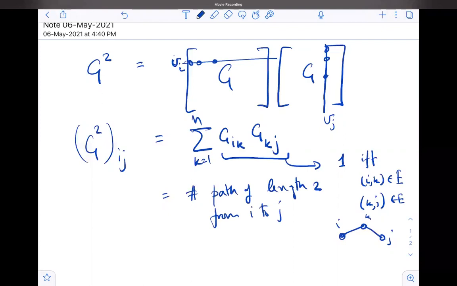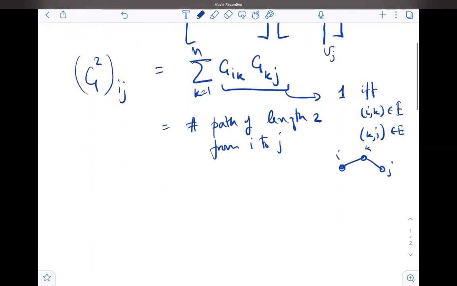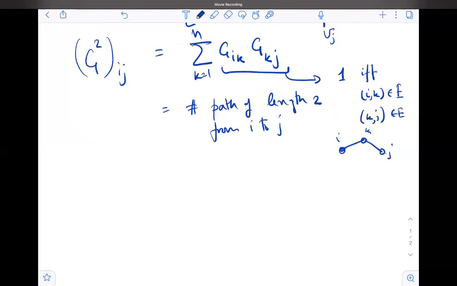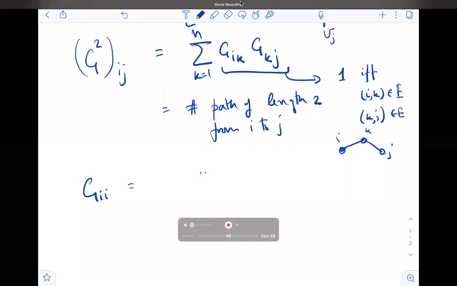One thing we have to be careful about here is, for example, what is G ii? Can somebody say what is G ii? Let me ask some people.